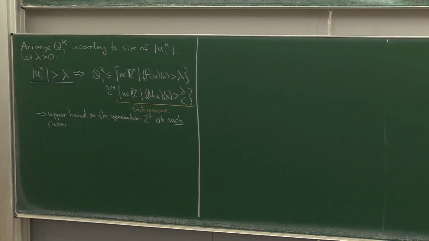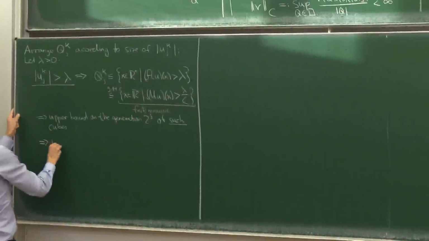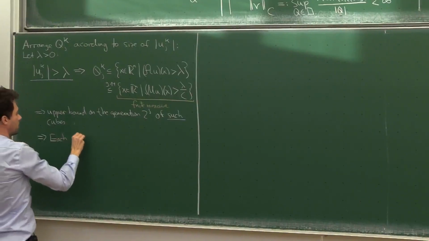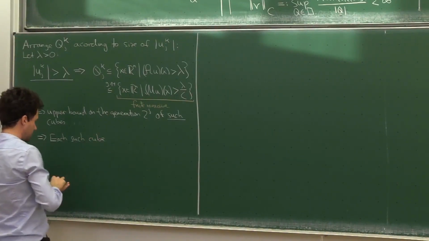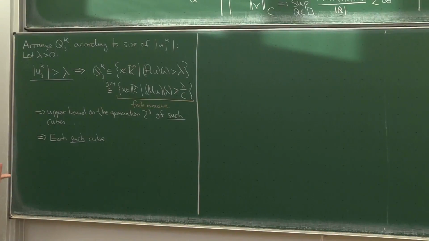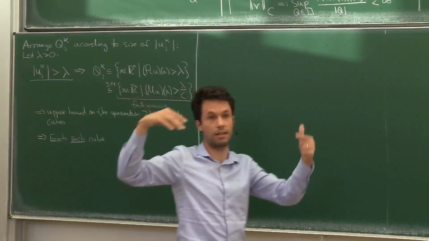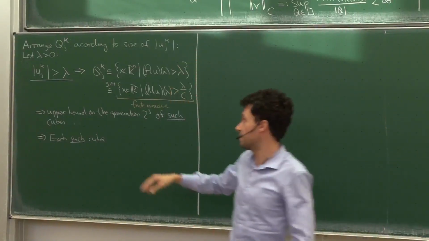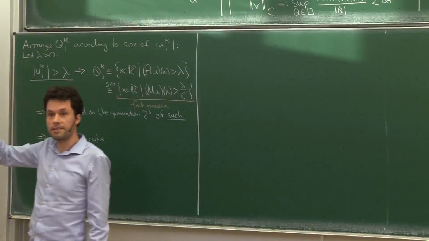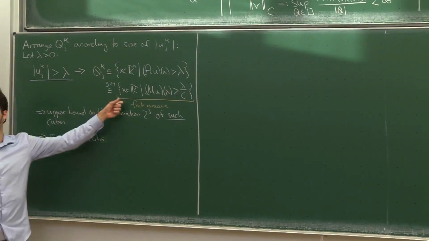So whenever I have such a cube, which is once again a dyadic cube with this property, then either this is already in a sense the largest cube with this property, or it can have a dyadic parent, a larger dyadic cube that contains it and still has the property, and even the parents can have parents and parents that all have this property, but at some point it has to stop because of the finite measure.